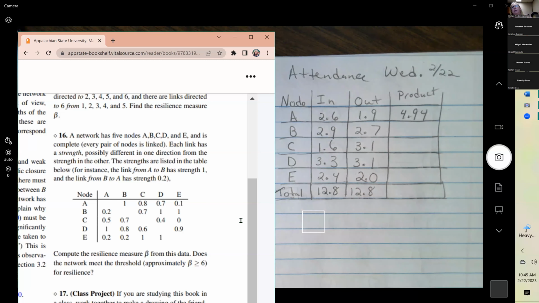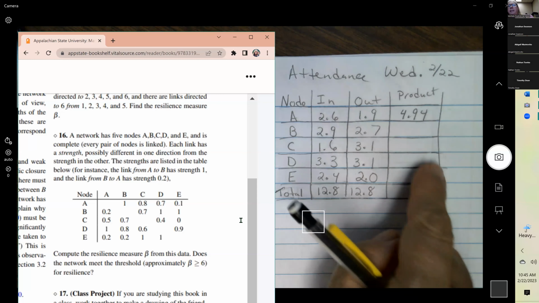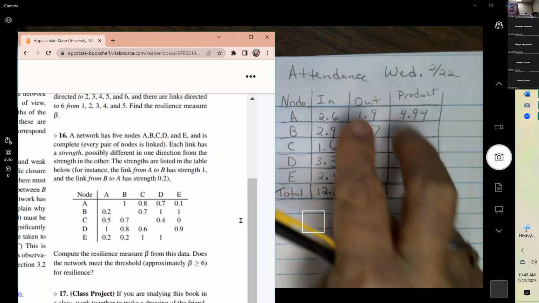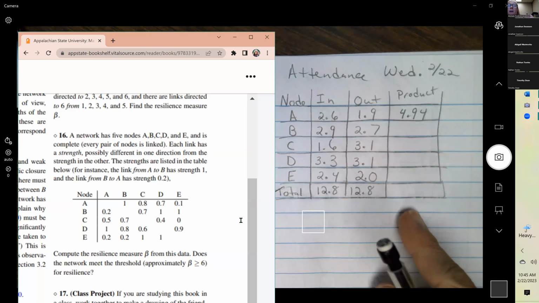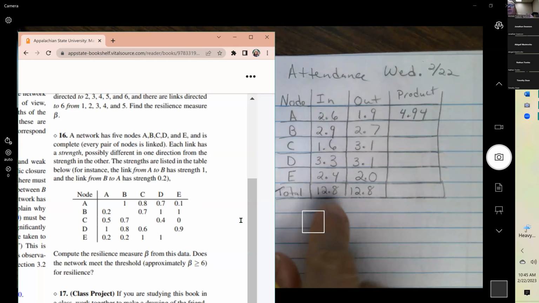If I was going to put this on a test, unless it was the take home, this table would already, at least the in and out would be given, and maybe you'd find the product. But I wouldn't have you do the whole thing.